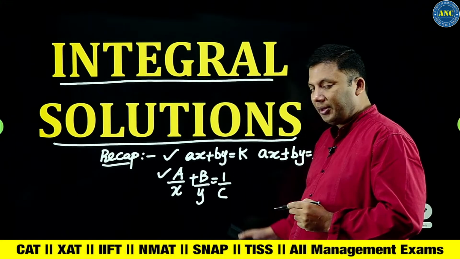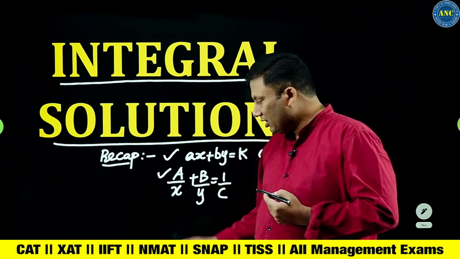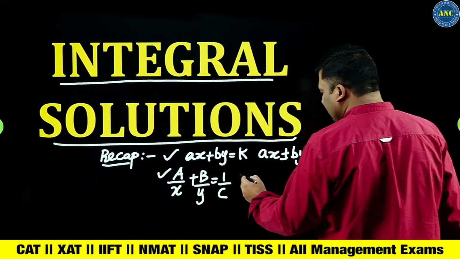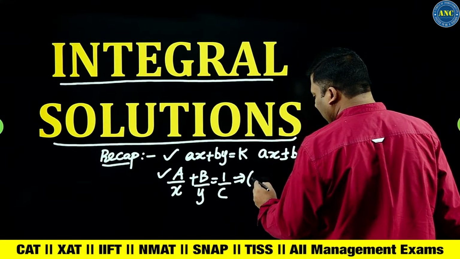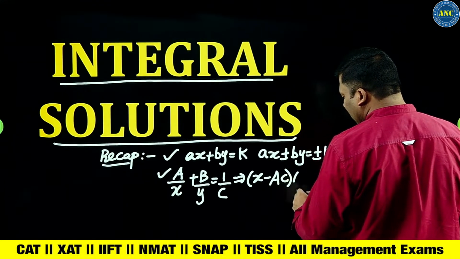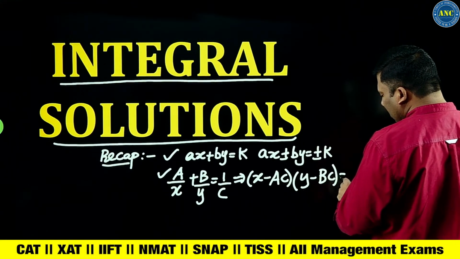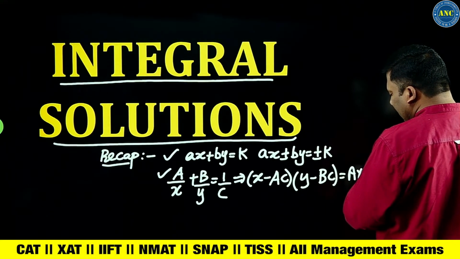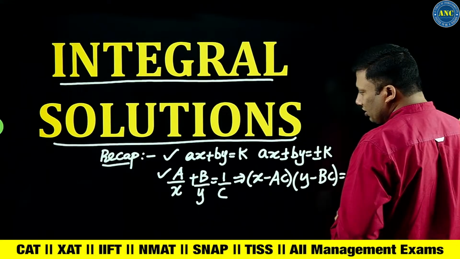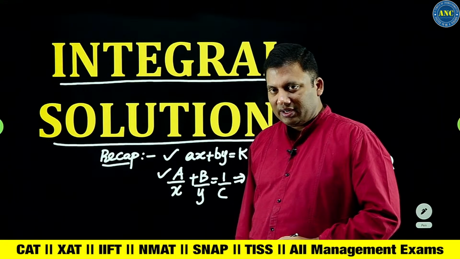Extremely important type, especially if you see the last 6 to 7 years of CAT, there are a lot of questions based on this variety. How to write it? x minus a into c, y minus b into c is equivalent to a into b into c square. These are some of the important concepts that we discussed.